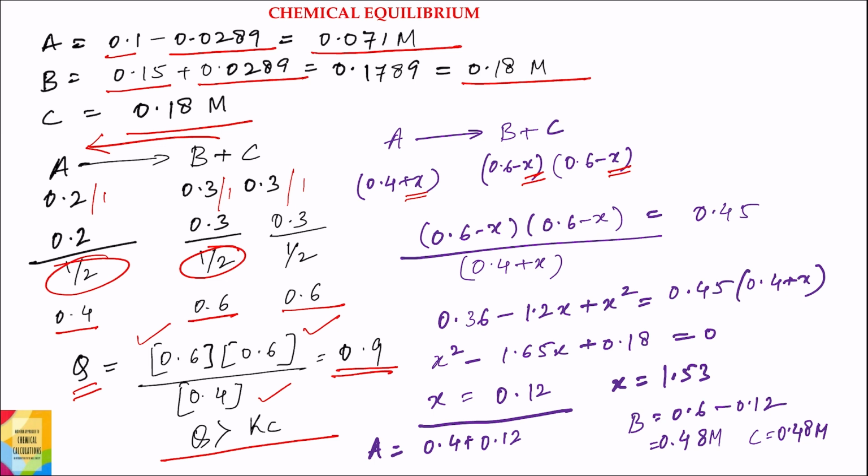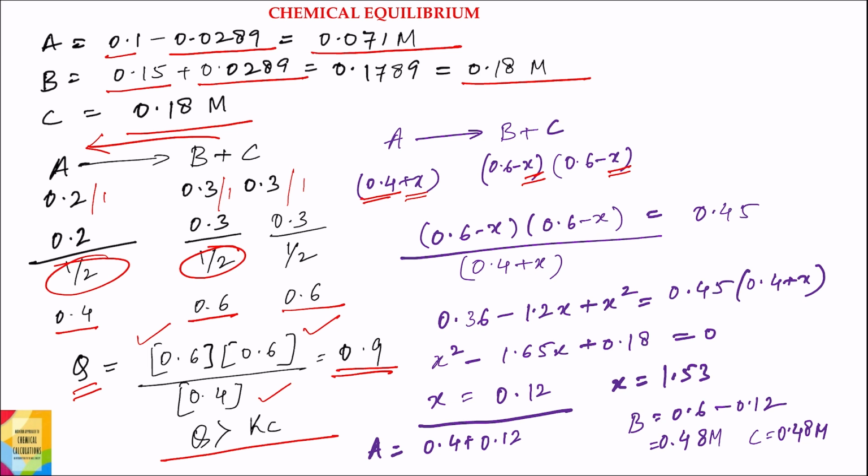Then equilibrium concentration of C will be initial concentration of C minus moles of C which reacted with B to form A, and equilibrium concentration of A will be initial moles of A plus moles of A formed from B and C.